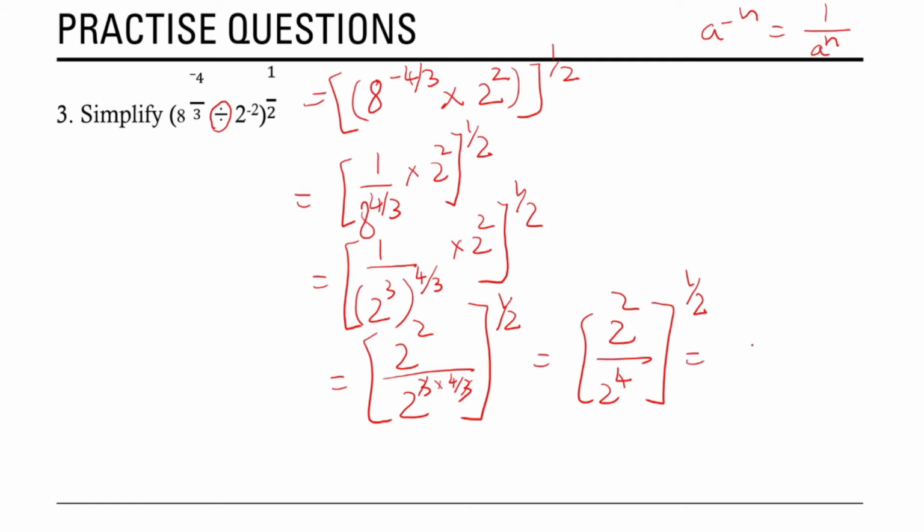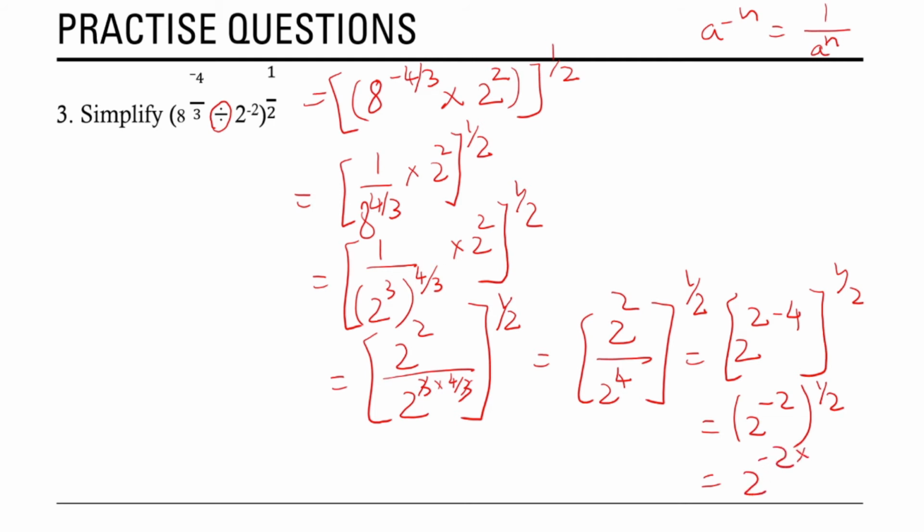So 2 square divided by 2 raised to 4 is 2 raised to 2 minus 4, the whole raised to half. 2 raised to 2 minus 4 is 2 raised to minus 2, the whole raised to half. This is equal to 2 raised to minus 2 into half, because a raised to m the whole raised to n is equal to a raised to m into n. So these two get cancelled. This is equal to 2 raised to minus 1, which is equal to 1 by 2.